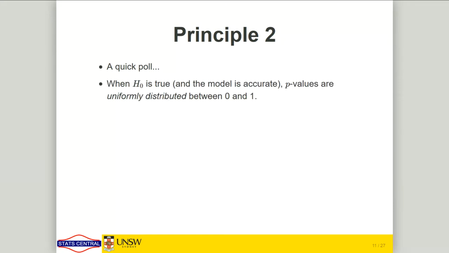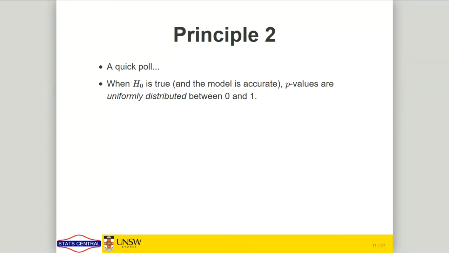So when the null hypothesis is true and the model is accurate, p-values are uniformly distributed between 0 and 1. You can think of it just as a random number, randomly picked between 0 and 1. So you're just as likely to get a small p-value as you are to get a large one. That should give you a hint that they don't say anything about the probability of the hypothesis being true, because when it is true, it's just a random number between 0 and 1.